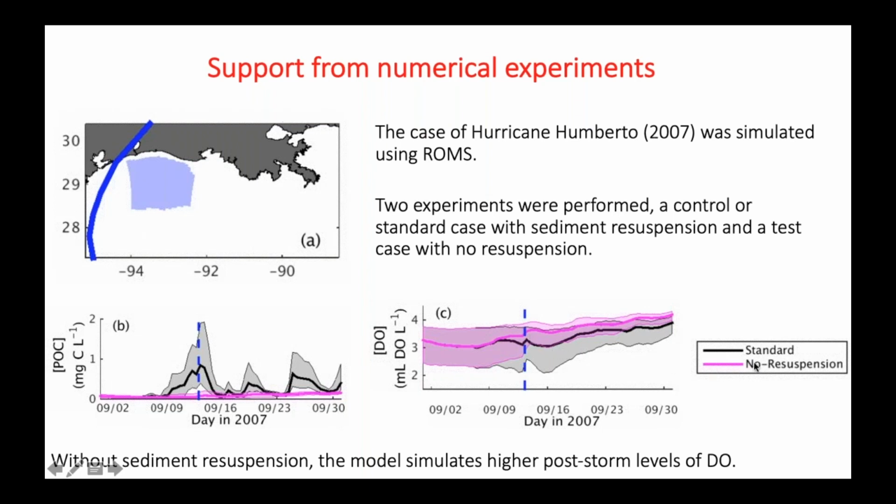But when you have sediment resuspension turned on, you can see this black line is below the pink or the magenta line, suggesting that the DO increase is not as much as what we should expect when you don't have sediment resuspension. So these numerical experiments further confirm the results based on observations that sediment resuspension is an important process, and it could actually lead to significant changes in DO after the storm.